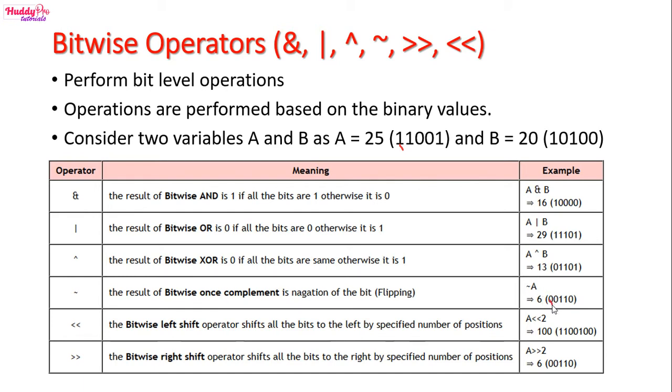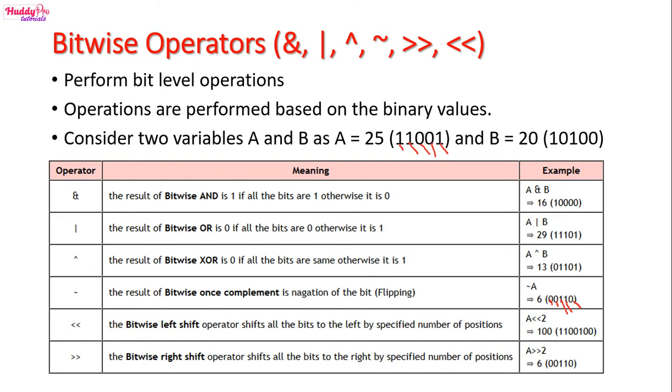The opposite of 1 is a 0. The negation of a 0, no, sorry, another one, still a 0. The negation of a 0 now becomes the 1. Negation of another 0 is a 1. And the negation of a 1 is a 0. So that's how the bitwise ones complement works.